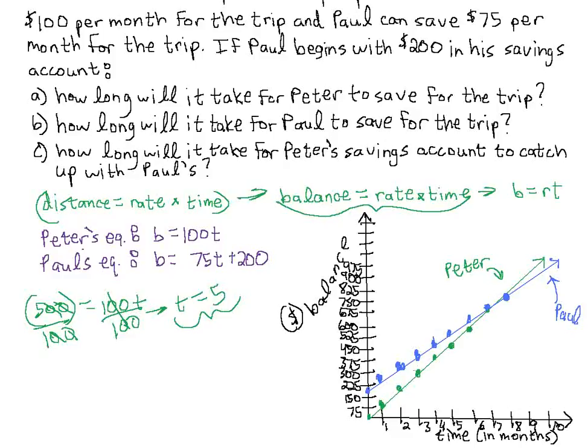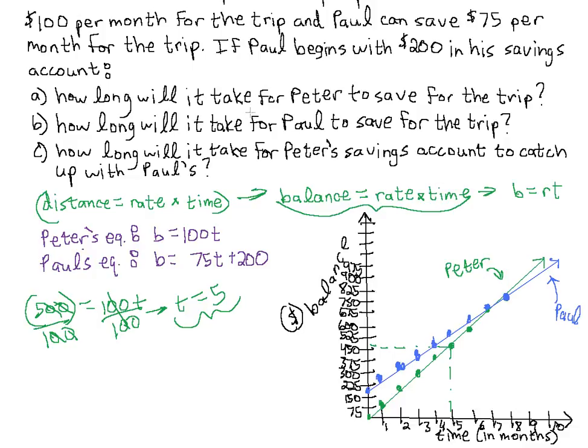And this is the graphical representation. At 5 months, Peter should be right at $500. All right, so this is his point at 500 where he's able to afford the trip. And it should be right at about 500. Okay. Not exact, but you get the idea. This is just a graphical representation.